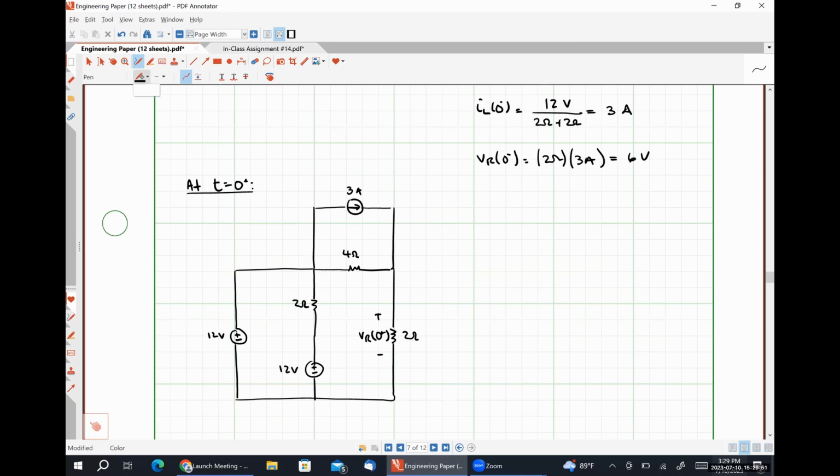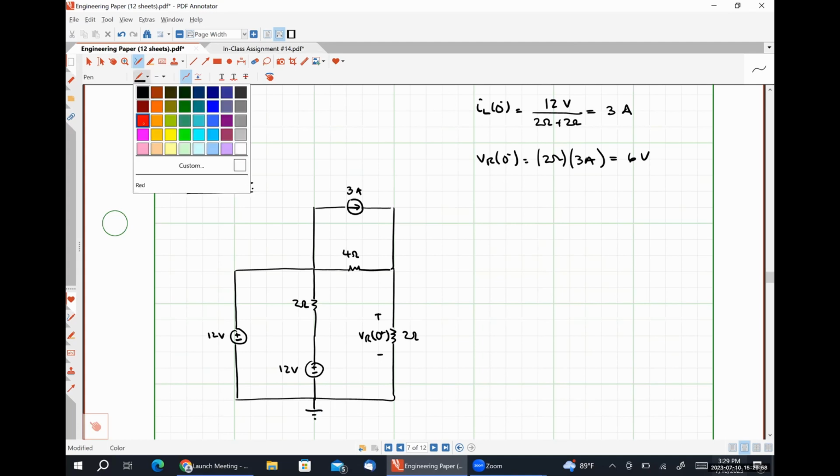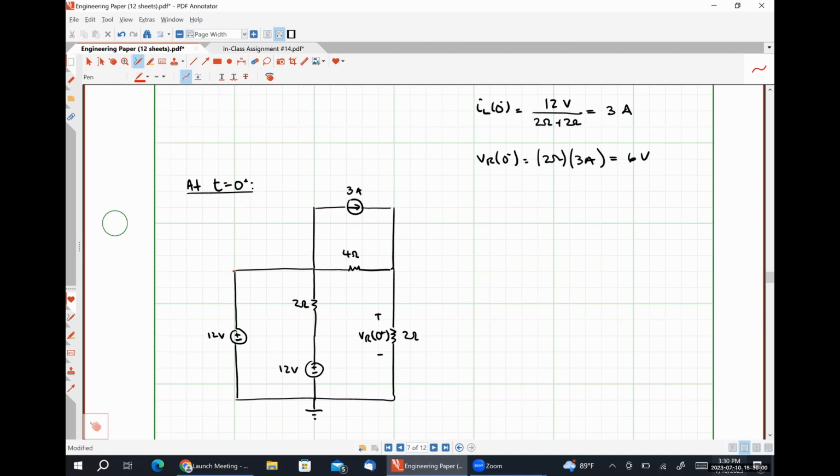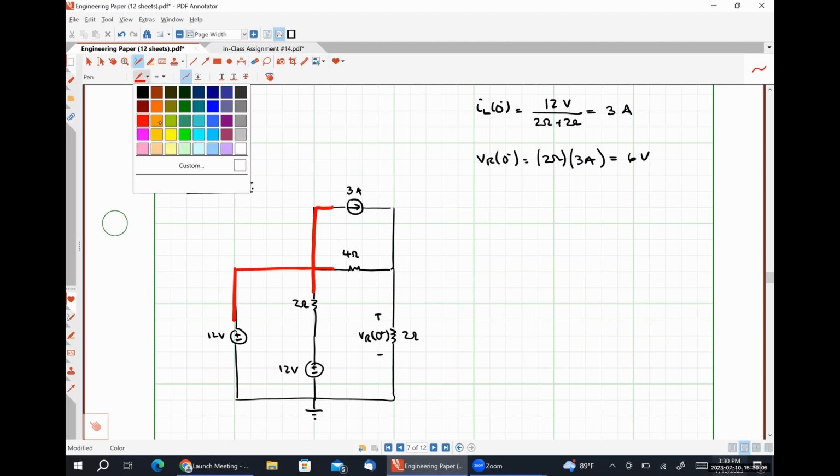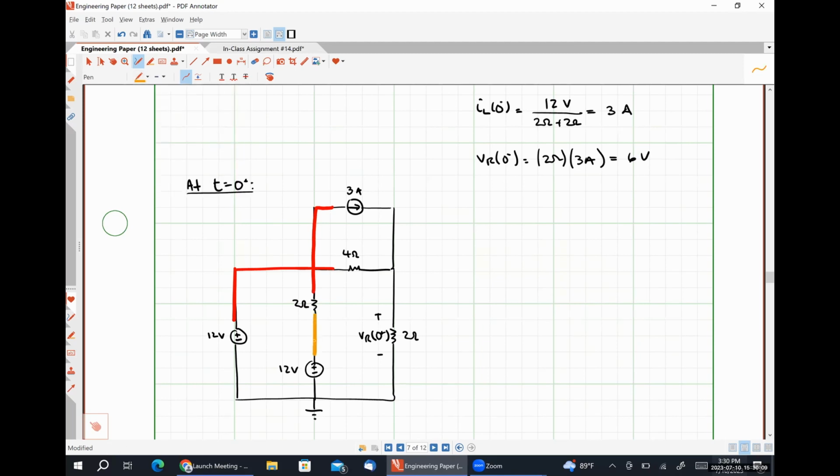What I mean by that specifically is if I put my ground right here, and let me run through and identify nodes. That's one node, that's a node, that's a node, and that's a node.